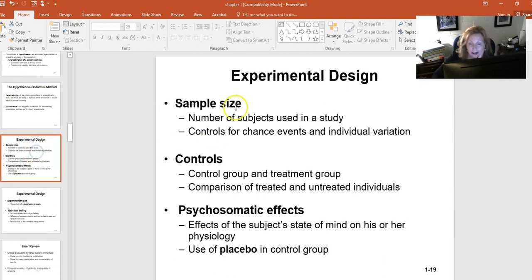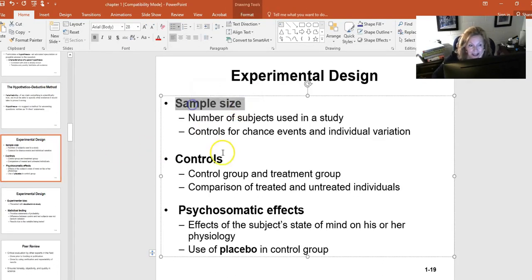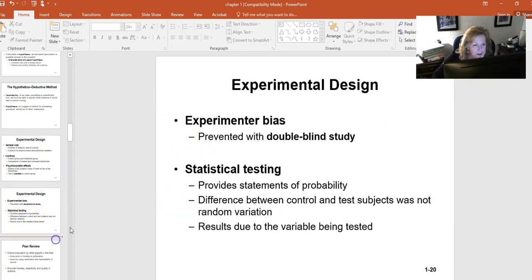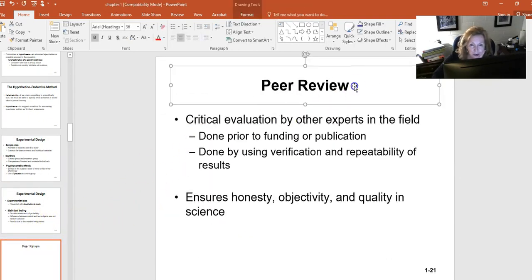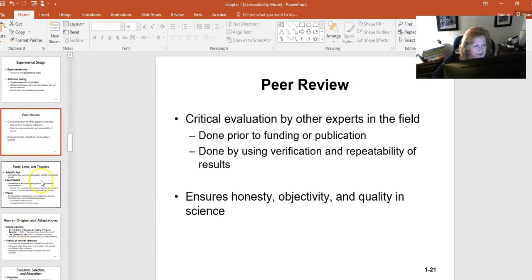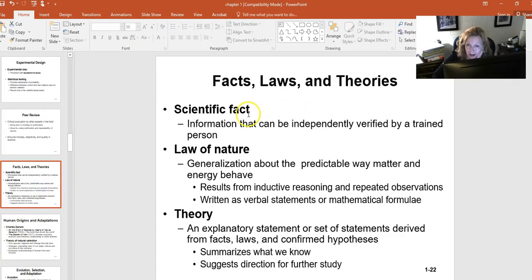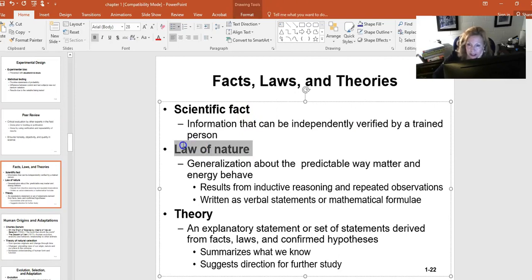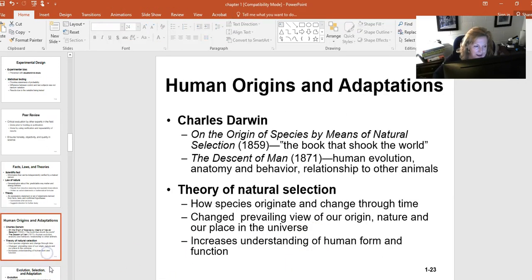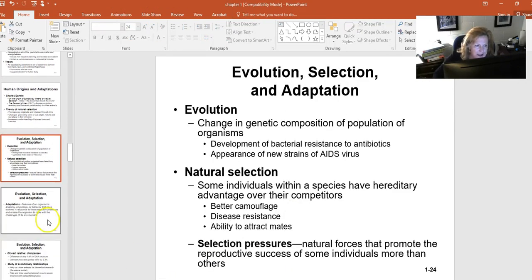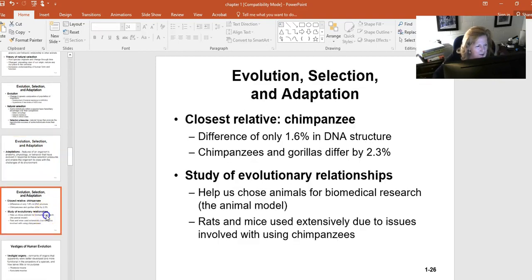Things that give us confidence in the scientific method are all of these, including peer review and statistical analysis, and then using facts, laws of nature that we see happen. We can come up with an explanatory statement about an event, and that is called a scientific theory. Nothing too scary about that, but that's what that is. So I hope that made sense.